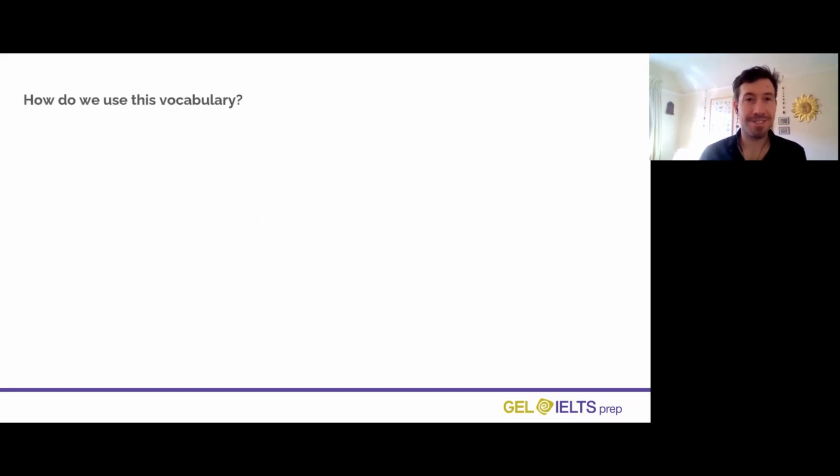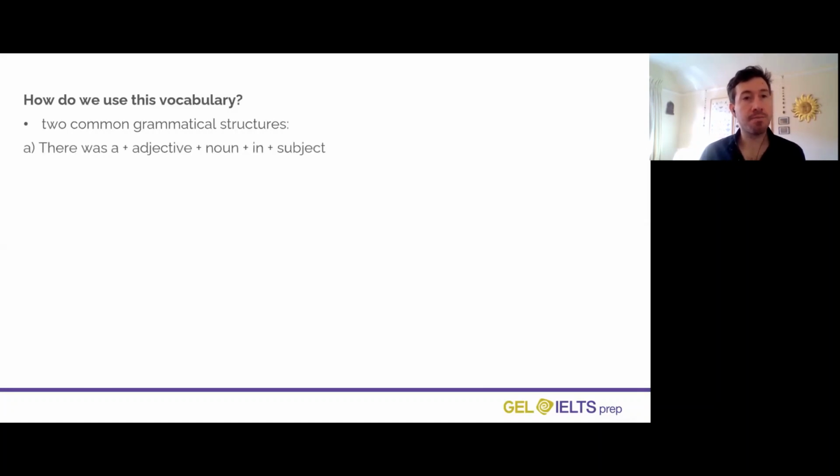So how do we use this vocabulary? Well, there are two common grammatical structures that you can use. There are more than that, but this is a good starting point. The first one is this: there was, plus an adjective, plus a noun, plus the preposition in, plus the subject.